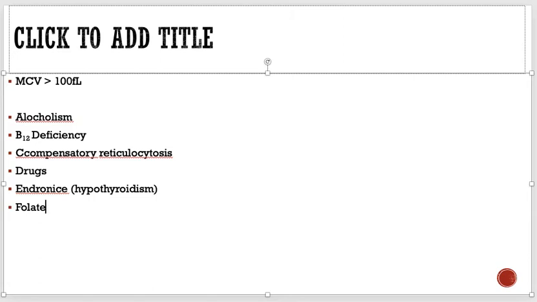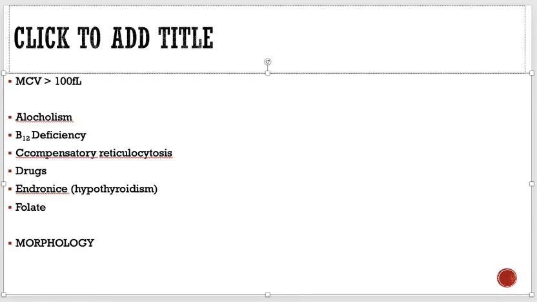Now, one thing to understand: when it is established that someone has macrocytic anemia, the other thing we do is check the morphology. What is morphology? Simply how the cells look.